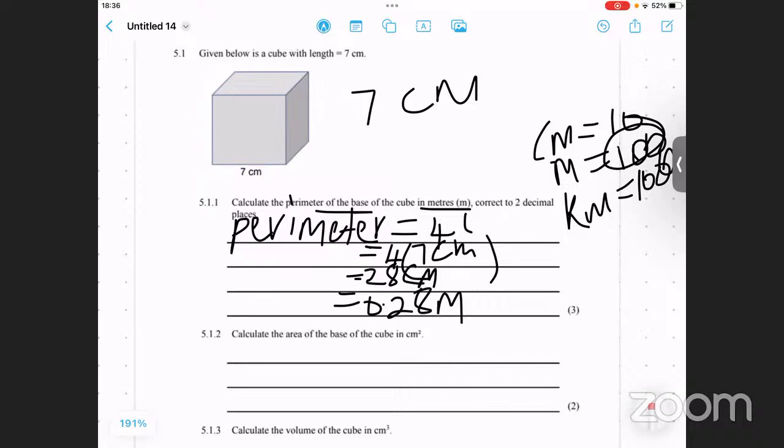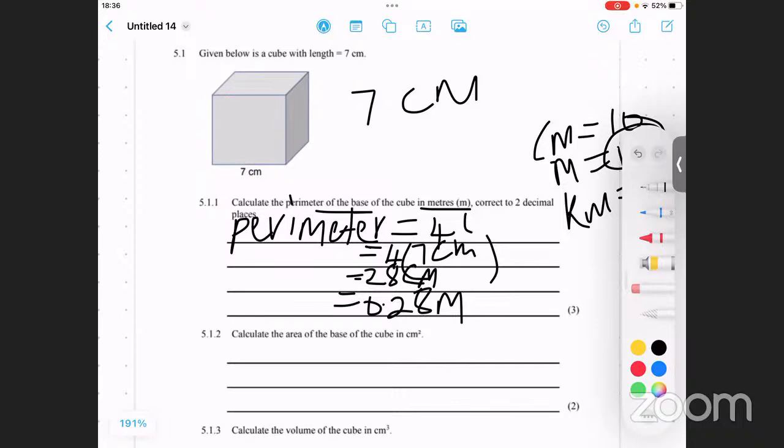They say calculate the area of the base of the cube in centimeters squared. The area of the base. So that means you're going to calculate for the area of a square. I get it, the base is a square.